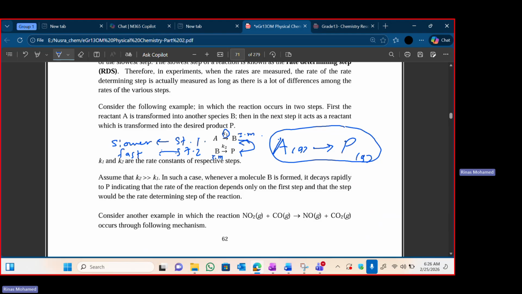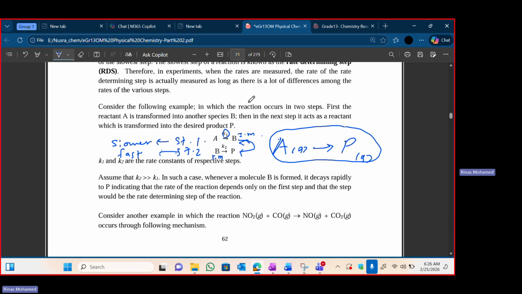Then which step will be the RDS, the rate determining step? You can conclude that it is step 1 because that is the slower step. Faster steps will end quickly, but we have to wait until the slower step completes.